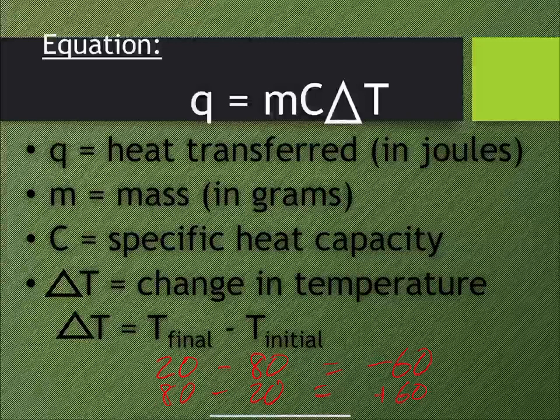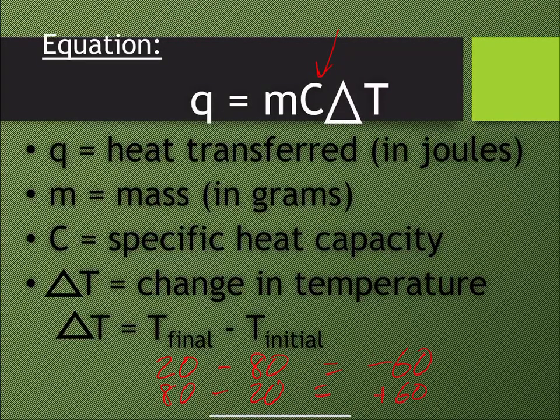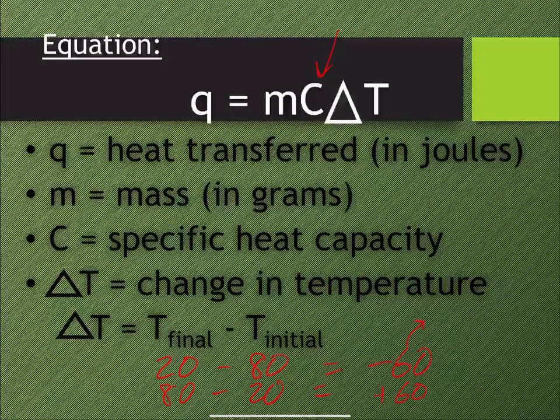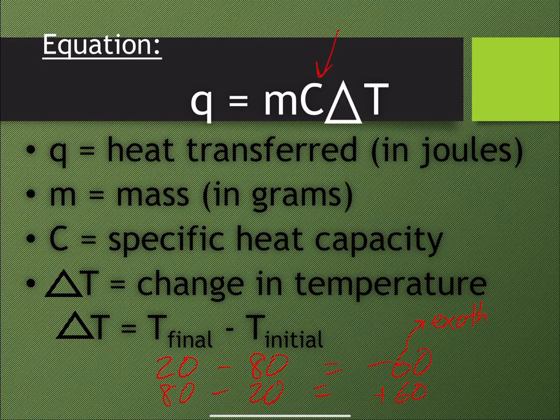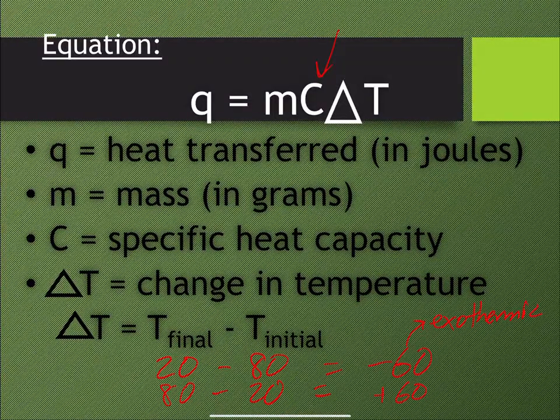Anytime your system, the stuff that you are concerned about, which in this case is going to be our object with our specific heat capacity, loses energy, which often we can see by it getting cooler, that means the energy is leaving our system or our object, and that means it is categorized as exothermic.